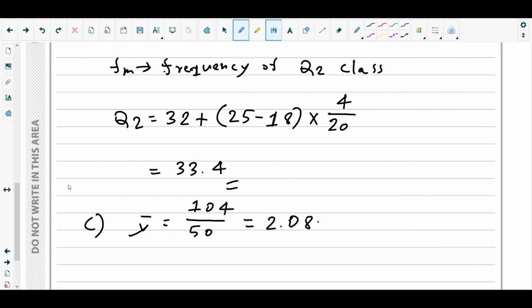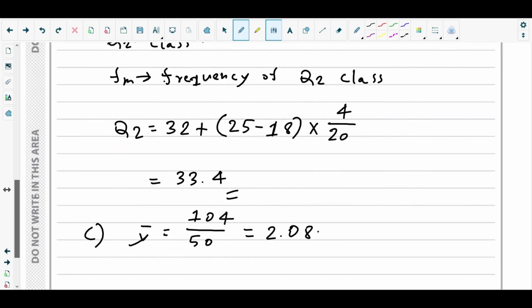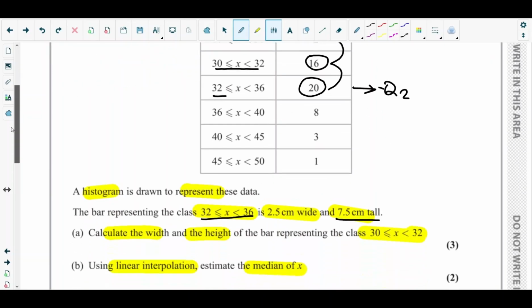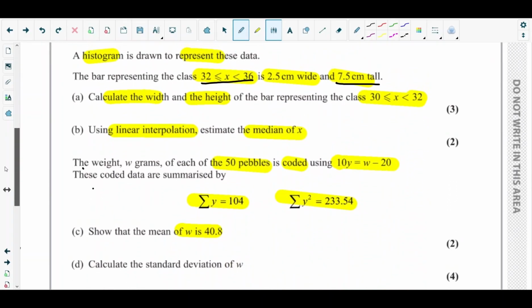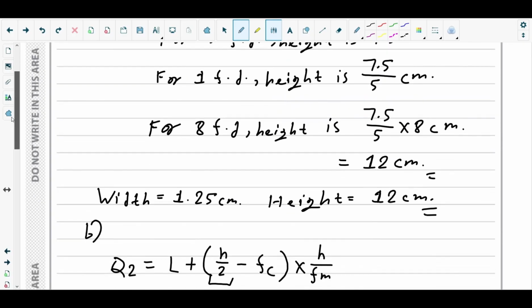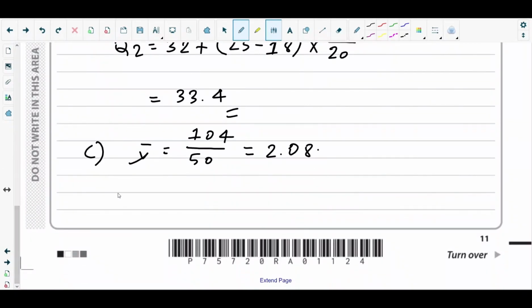Now we need the value for w bar. So just put this value into the coding formula. The coding formula is 10y equals W minus 20. So 10 times y bar equals w bar minus 20.